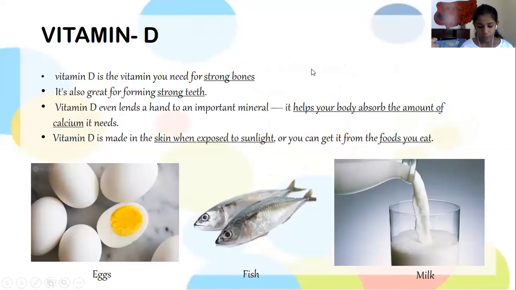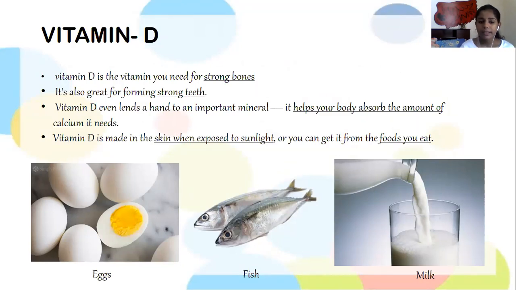Now, vitamin D. Vitamin D is popularly present in milk. So that's why your parents badger you to drink your milk every single day. It's needed for strong bones, strong teeth. This vitamin D lends a very important hand to the mineral called calcium.